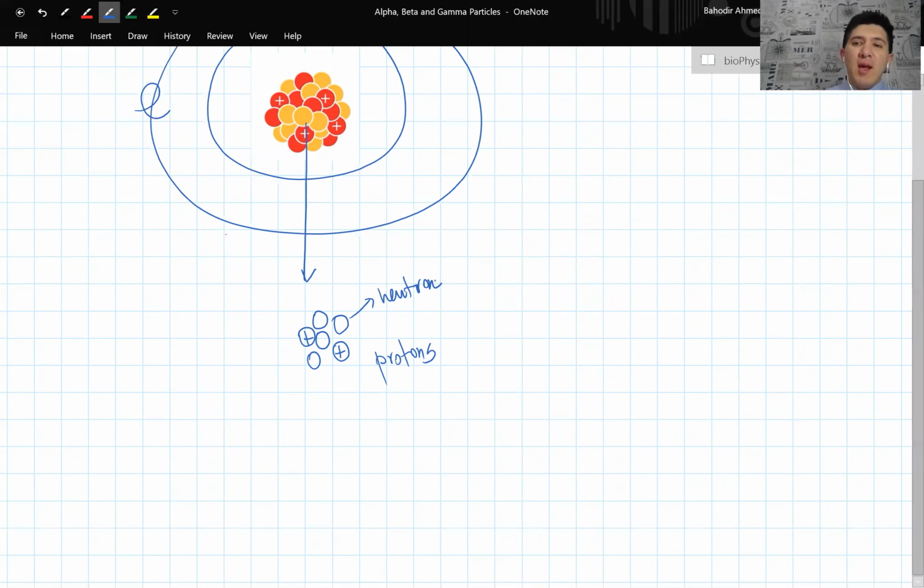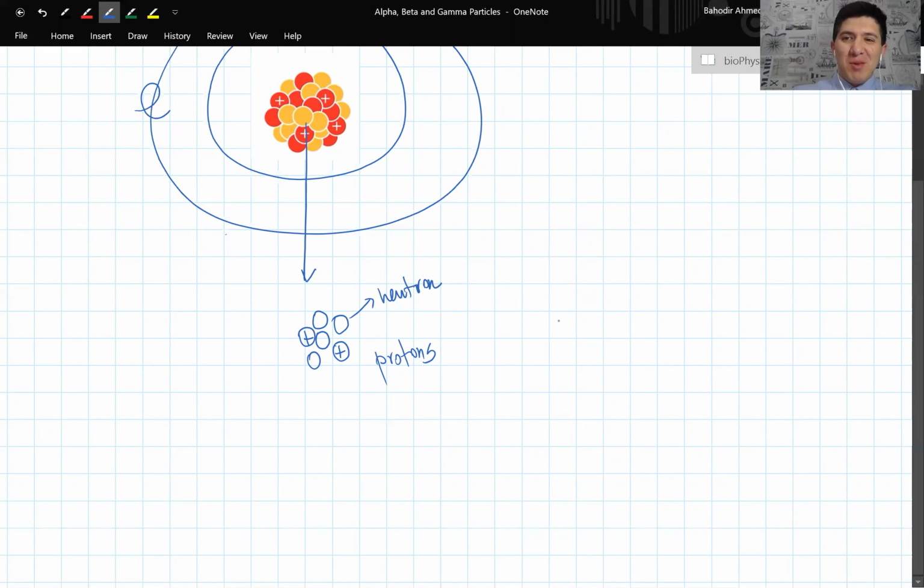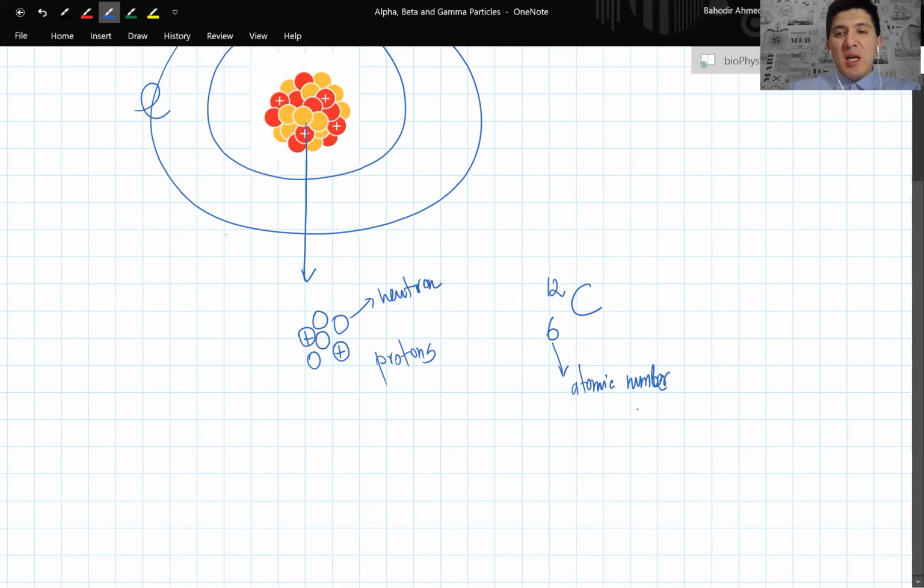In the periodic table of elements, every element has some numbers, right? So for example, if the element has a 12 here and a 6 here, the 6 is called the atomic number. It basically tells us how many protons it has inside its nucleus.